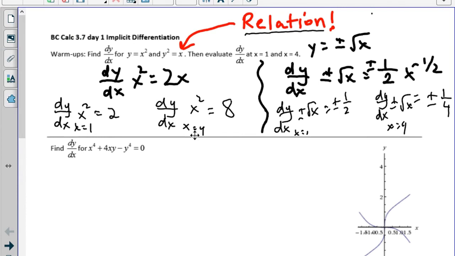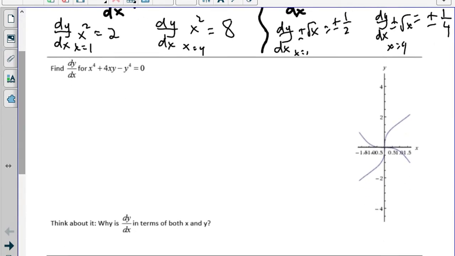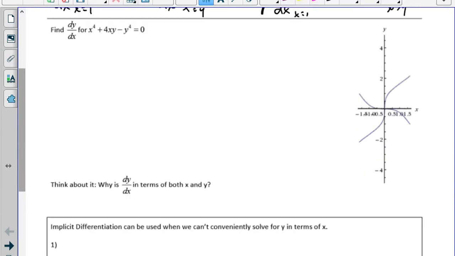So one thing that we might want to do is find slopes of tangent lines where we're dealing with change in y over change in x. That's what dy dx stands for. We might want to find these slopes of tangent lines for graphs that are not necessarily functions of y or functions of x.